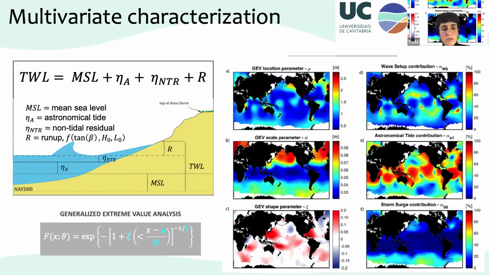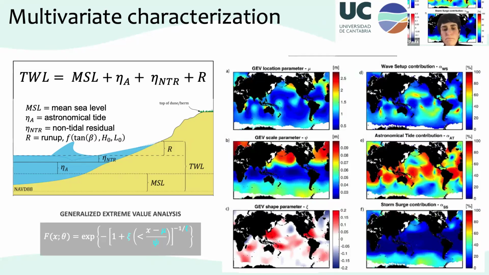We know that this total water level is defined by the mean sea level, astronomical tide, a non-tidal residual or storm surge, and the wave component. So if we have time series of these parameters, we are able to define this total water level time series.